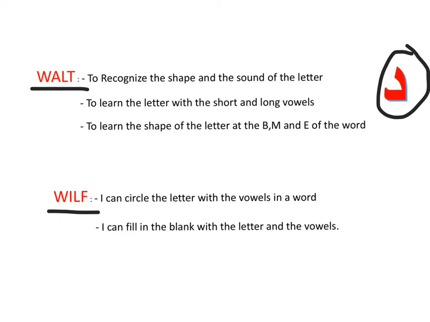What I'm looking for is, at the end of this video, I need to know how to circle the letter D inside a word, how to find it and circle it. And if I have a word that is missing the letter D, I need to know how to write it with the correct shape and vowel.